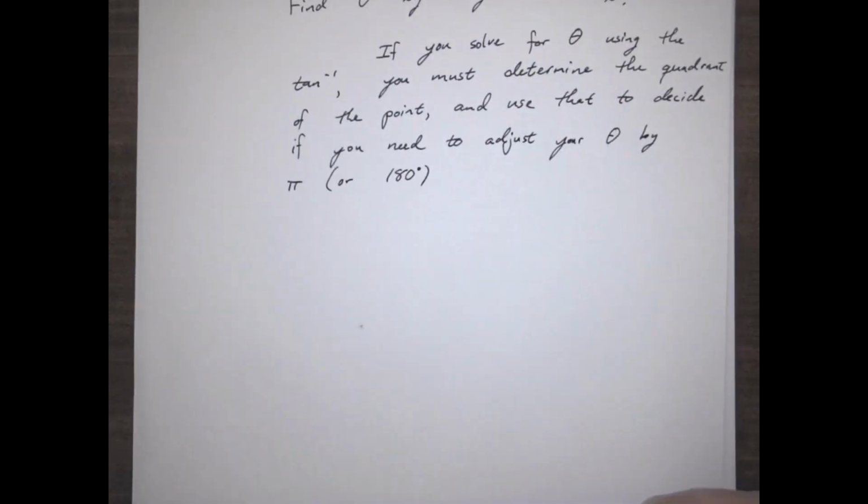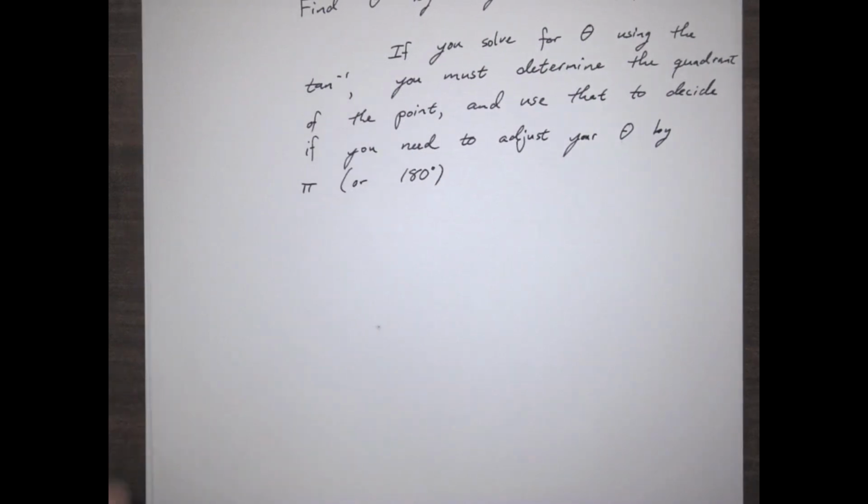And that would mean adding 180 degrees if that was the more convenient option, or subtracting. Either one will get you the same basic point. And if it's radians, it would be pi instead of 180 degrees.